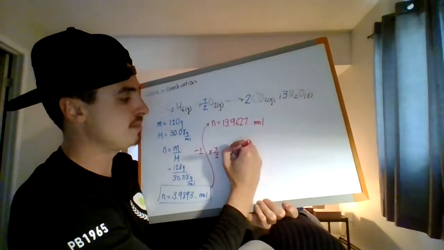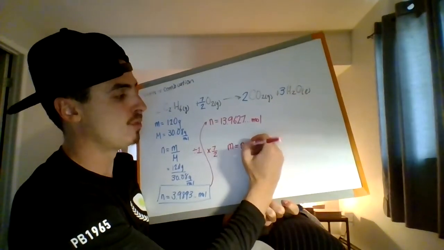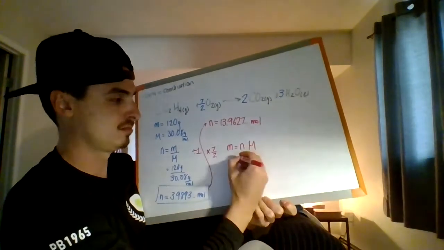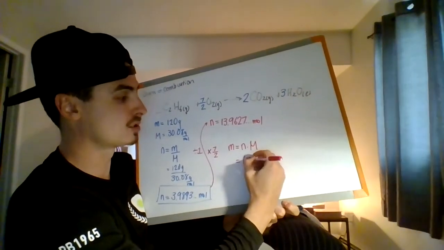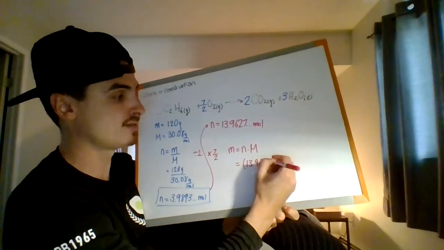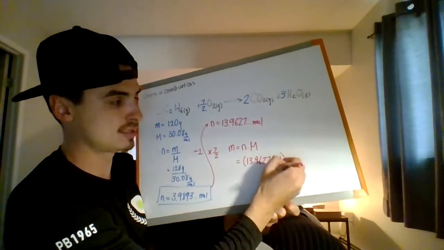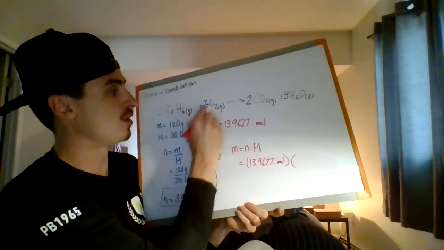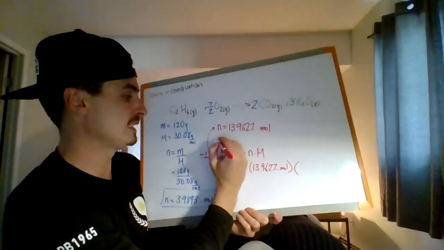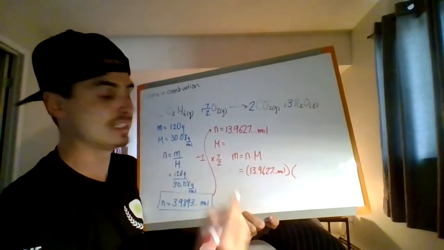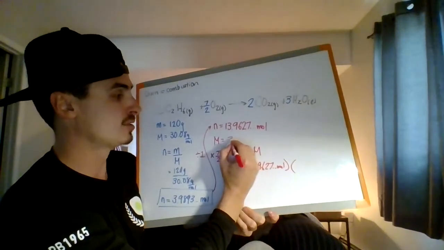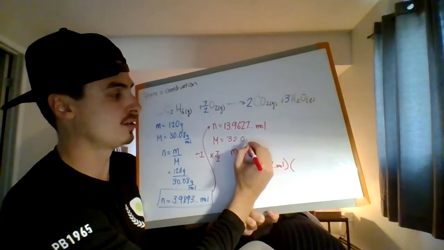So to figure out what the mass is, guys, I need to do moles times molar mass. Well, that's easy. I've got the moles, 13.9627, but I don't have the molar mass. What's the molar mass of O2? Okay, well, each oxygen gives me 16, and there's 2 of them, so I'm going to write 32.0 grams per mole.